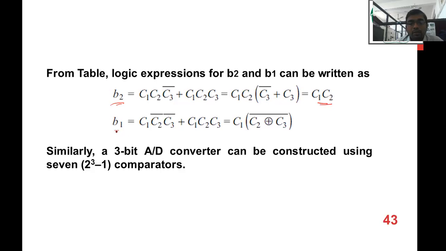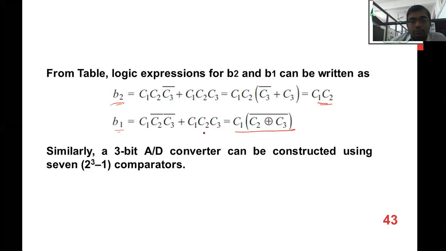Then B1 is C1 C2 complement C3 complement plus C1 C2 C3, so finally the equation for B1 would be C1 into C2 XNOR C3. In this way you can derive the equation mathematically with the help of Boolean algebra, and that would also be helpful for writing the table.